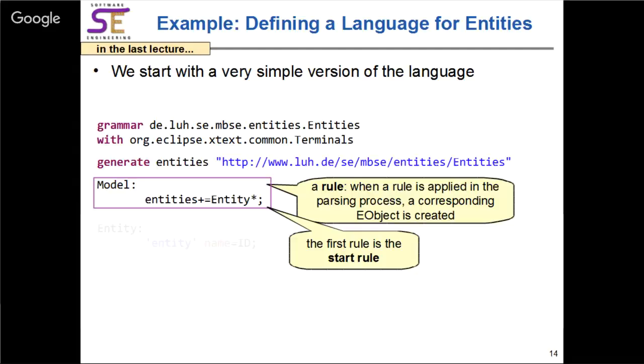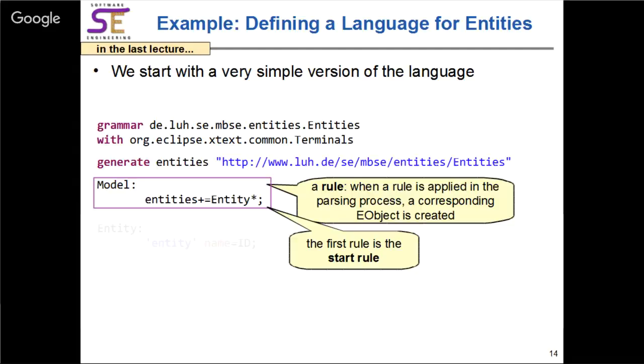And here it says the first element that we expect to see is a so-called model element. So this is our root element, and what we say is that this consists of a collection of entities. And why is it a collection? It is because we see the plus equal sign, and this means we have a collection of entity elements. And what is the collection of entity elements?